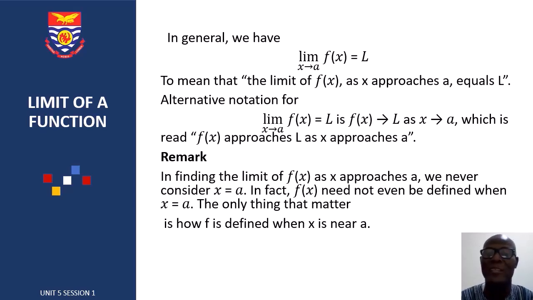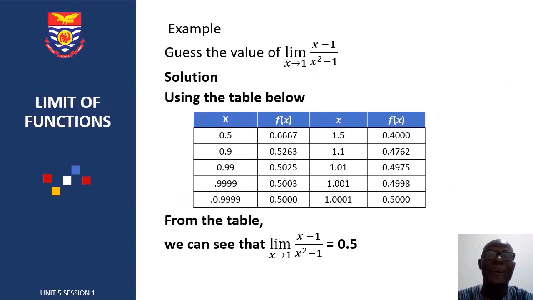Alternatively, this can be stated as the function f of x approaches the limiting value L as x is approaching a. Let us find the limit as x is approaching 1 of the function x minus 1 over x squared minus 1 using tables.